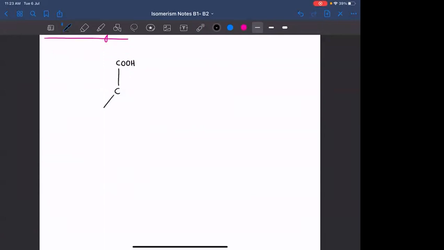Which is represented something like this. Here there will be OH. CH3. This is a tetrahedral carbon having 2 bonds in plane and 2 bonds, one bond coming out of the plane and one bond going into the plane.